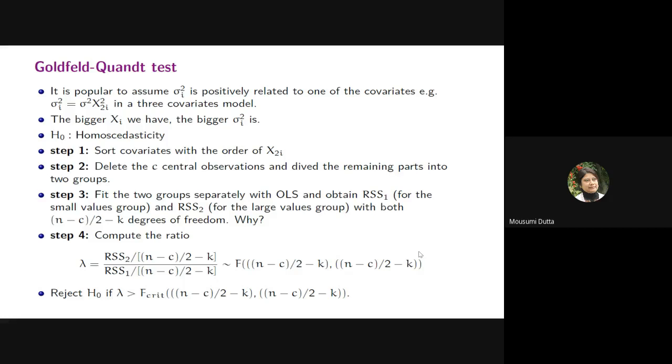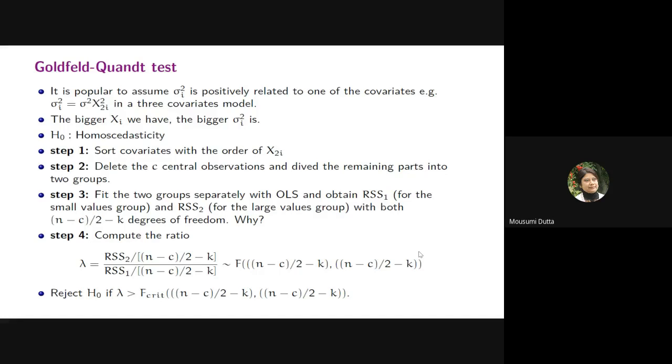If we find there is not much statistical difference between RSS2 and RSS1, in that case there is homoscedasticity. Even though we deleted several central observations, if there is no statistical difference between the residual sum of squares of the smaller numbers and of the larger numbers, we consider that there is homoscedasticity, that is, the null hypothesis will be accepted.